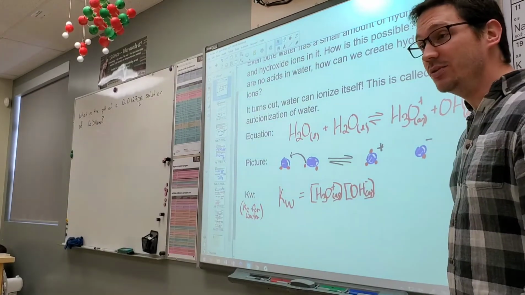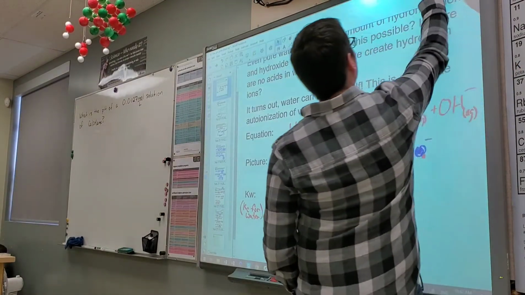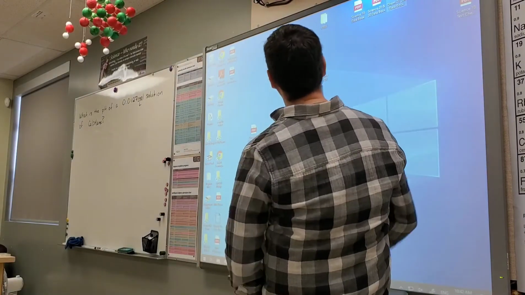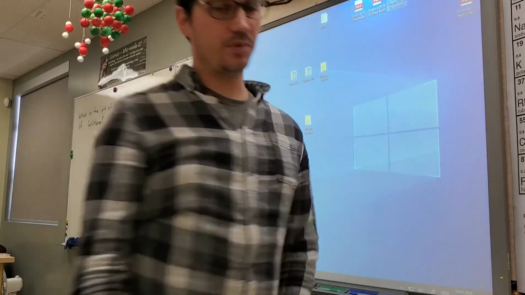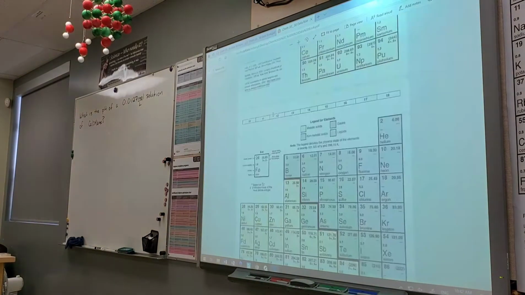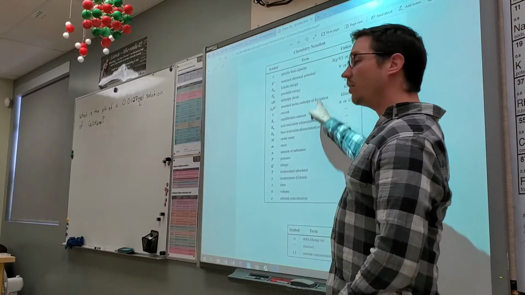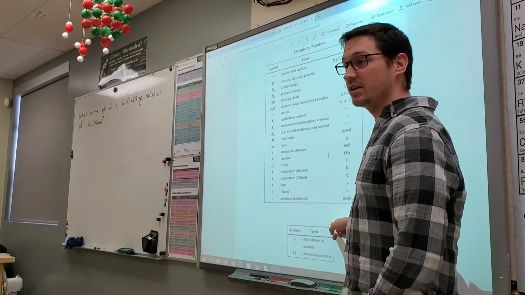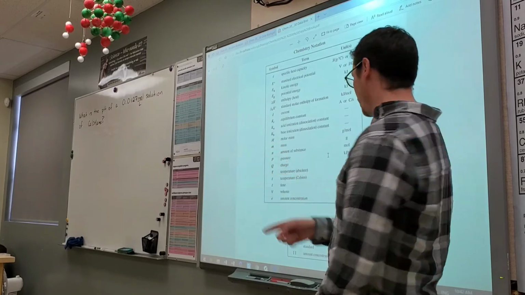And this value, you don't have to memorize. This value is located in your data booklet. You don't have to bring up your data booklet. I can if you want me to. I think it's coming up on the other monitor. Here we go. So when you look, you just skip past the periodic table on the first couple pages, skip past all of this incredibly useful information that if you don't use on the diploma exam, I will be sorely disappointed in you.